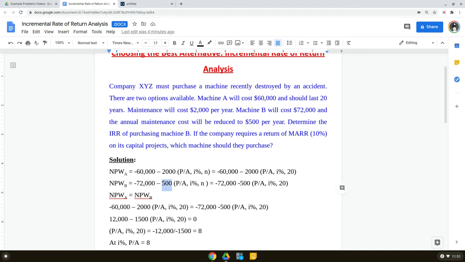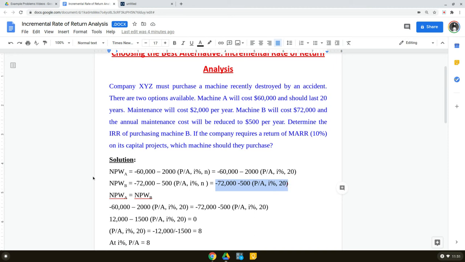And we have this $500 each year for 20 years. That is a series of uniform cash flows, and we want to find the equivalent P value for that series. So we multiply this 500 by the P given A factor at internal rate of return i%, which we don't know, and n is the same number of years, 20. So I rewrote this here.